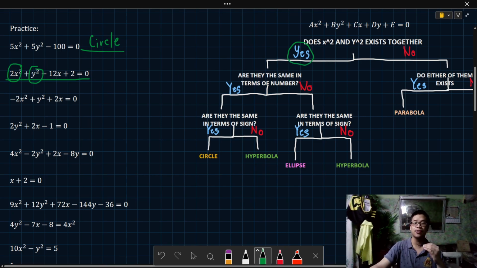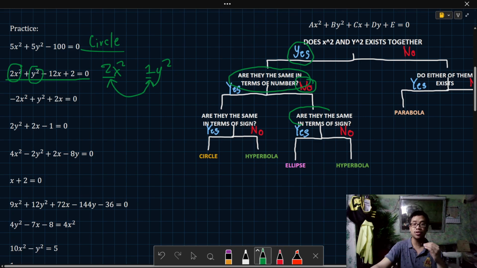Second question, are they the same in terms of number? We have 2x squared and y squared. Remember, y squared is just the same as 1 times y squared. The numbers here are not the same, so it's a no.